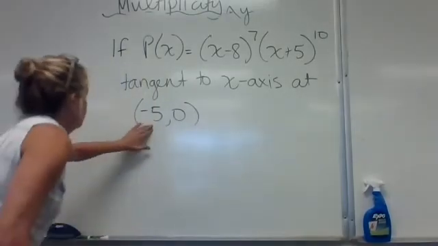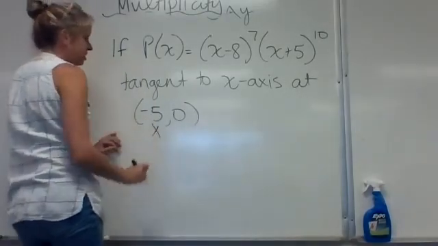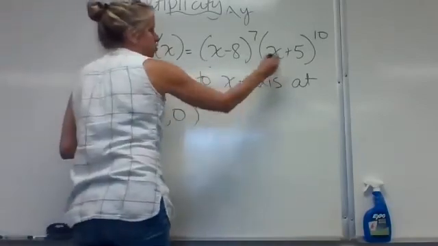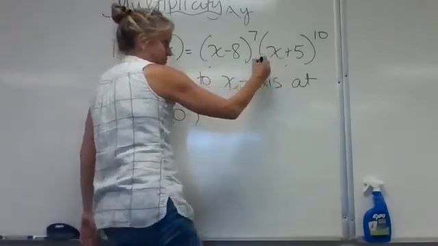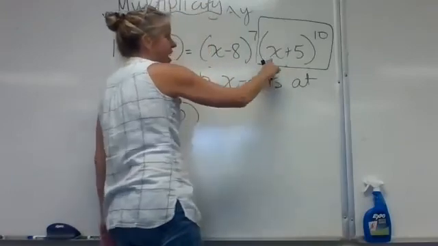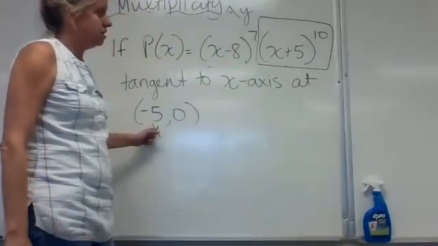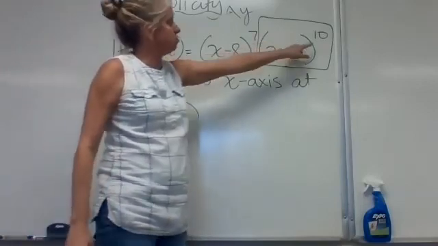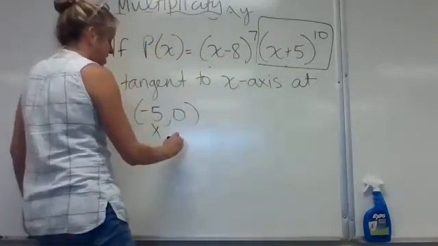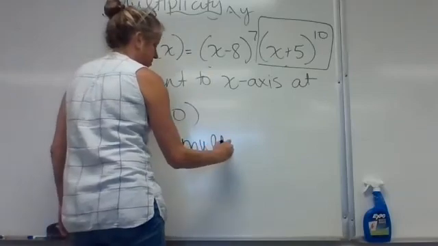Okay, so if this is the zero, that's the x-intercept. Which one of these factors would it have come from? It would have come from this factor, right? X plus 5. If you set that equal to 0 and solve it, you get -5. So what is its multiplicity? Its multiplicity is 10, which means it's even.